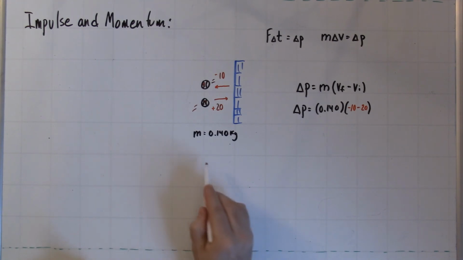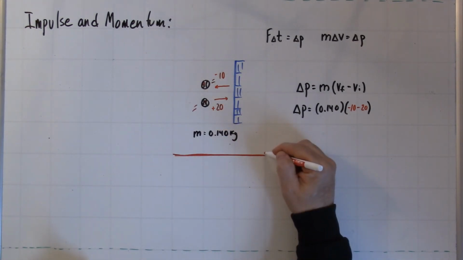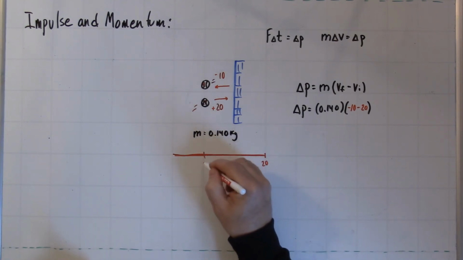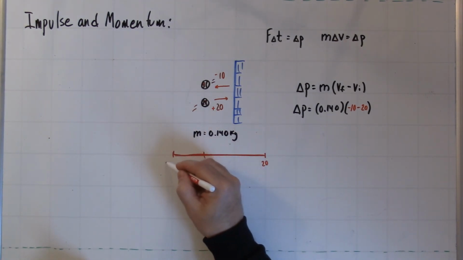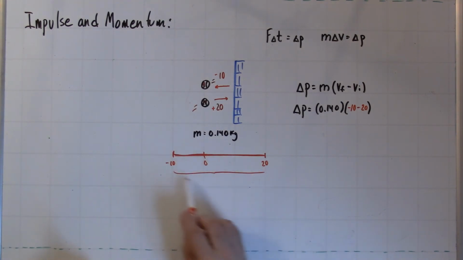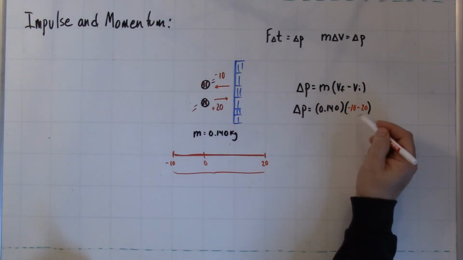If you think about the way this looks on a number line, this velocity is positive 20 here. Here's your 0, and your initial velocity was negative 10. What is the difference between these two? It's not just 10, the difference is 30. In this case, it's going to be negative 30.